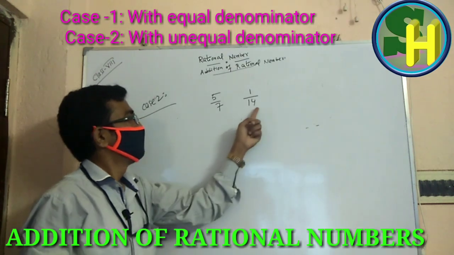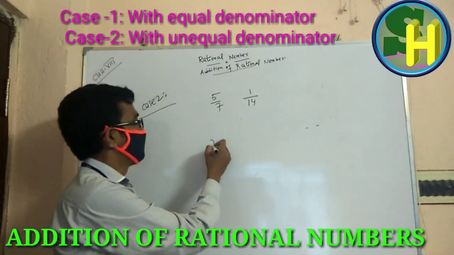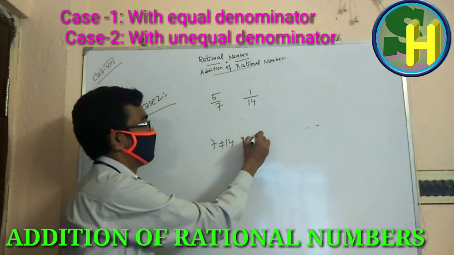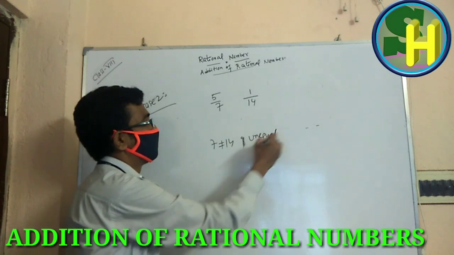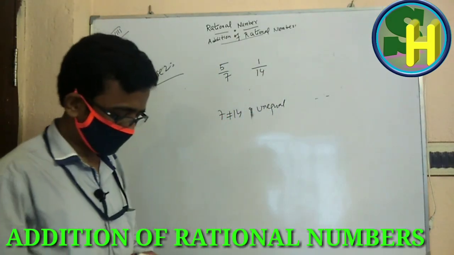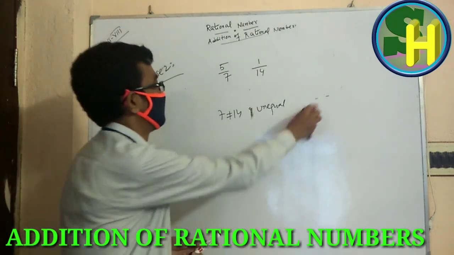This is 7 and this is 14. 7 is not equal to 14, so this is unequal. In case of unequal denominators, you just have to find the LCM of all the denominators.